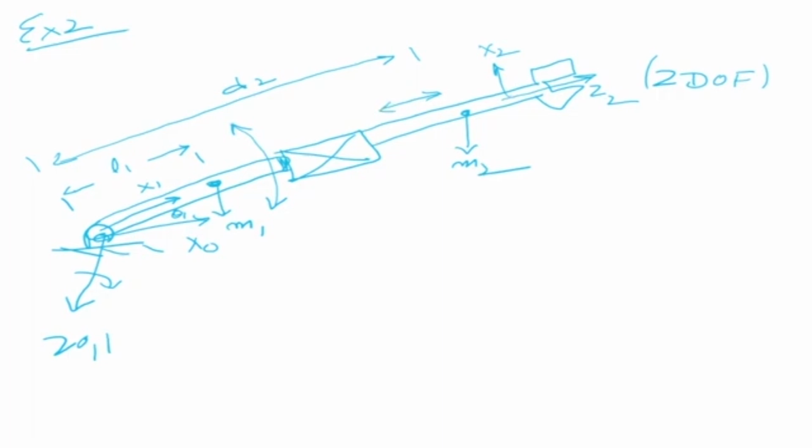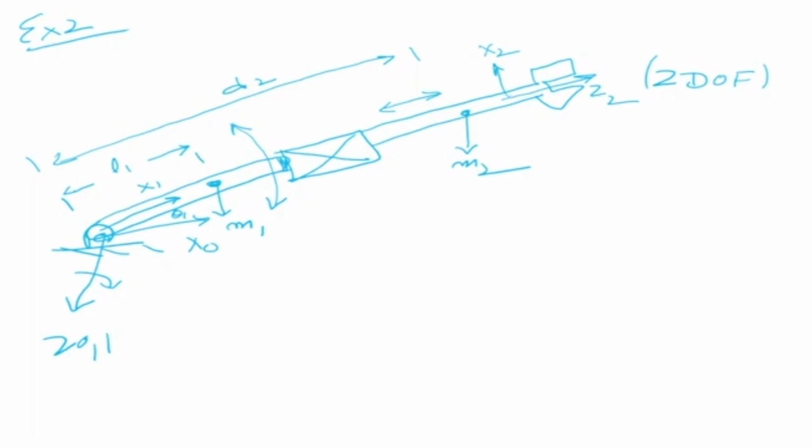But because these two links are connected, whenever link 1 rotates, link 2 will be subjected to forces because of the rotation of link 1. So although link 2 is a prismatic axis, whenever joint 1 is rotating, it will have an effect on link 2 also. So link 2's motion is not independent.